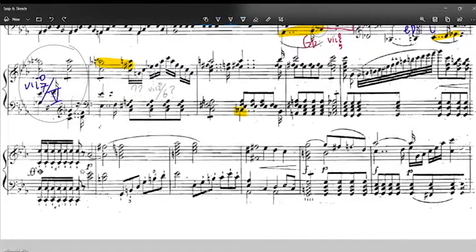Let's see. So he has reached this dominant built on C flat, but it's interesting that the chord is not written as C flat major with a seventh.